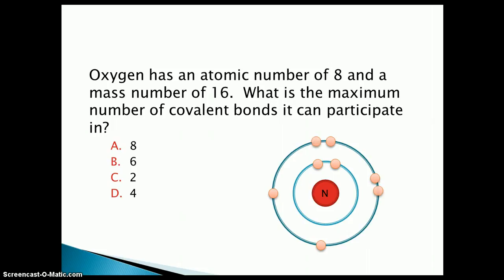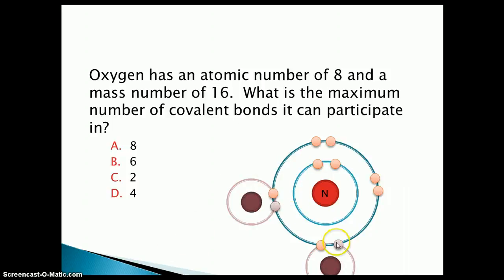When I do this, I like to group my electrons together so I can see exactly how many more I need. So we have 2 missing electrons in order for oxygen to be completely happy, which means it needs 2 more electrons, or it can covalently bond with 2 more atoms.